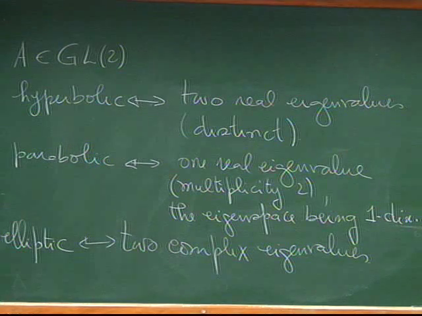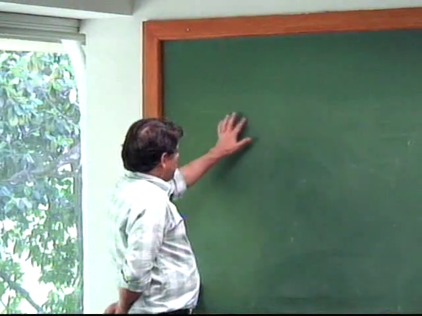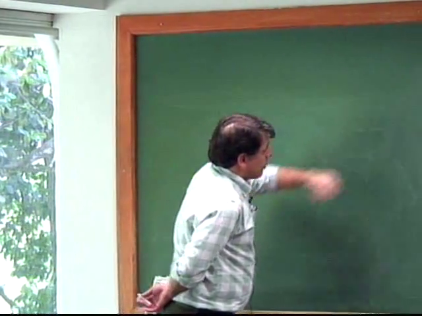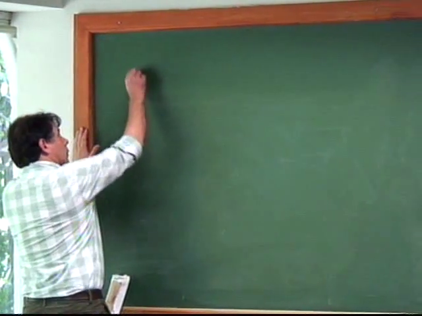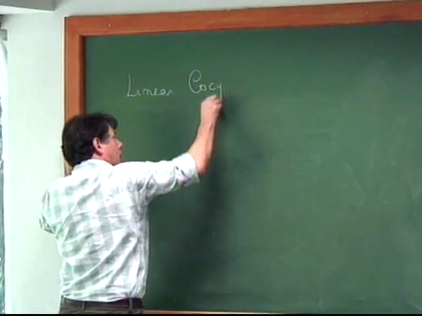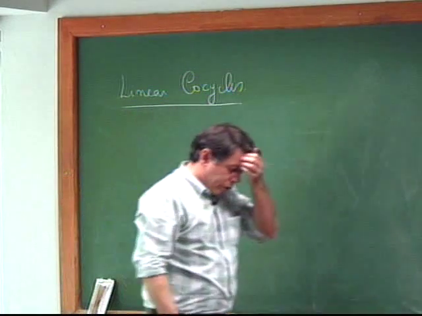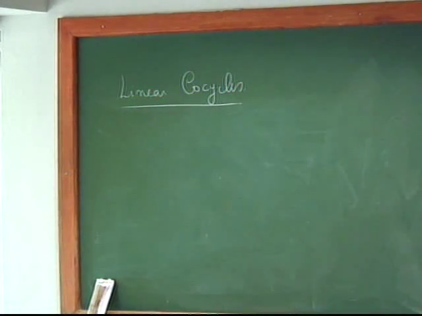So what I want to do today is to generalize the setting that we considered yesterday. I want to introduce a class of objects that we call linear cocycles, because a good part of the course will be around this notion.